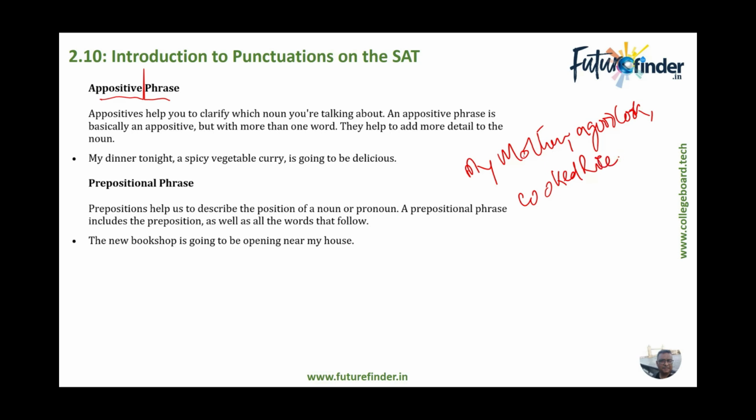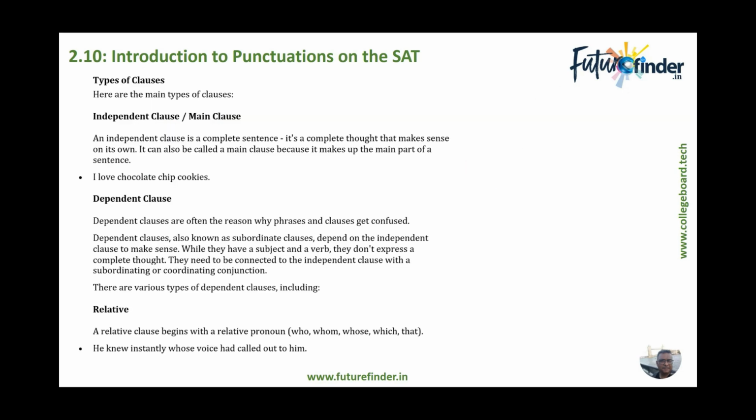My mother, same thing, a good cook. A good cook is nothing but my mother. That's an appositive. An appositive phrase is an appositive of more than one word, so a good cook here is a phrase. Another example: my dinner, a spicy vegetable curry, is nothing but my dinner. And the prepositional phrase, as we discussed while doing prepositions, is very important.